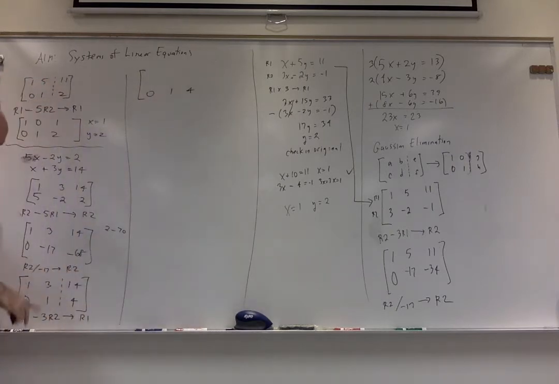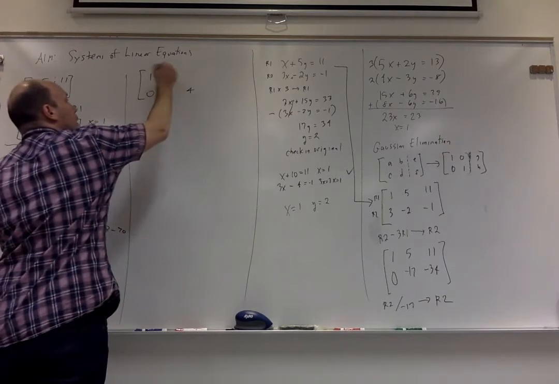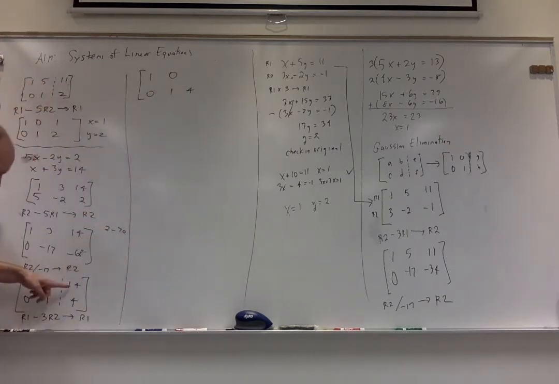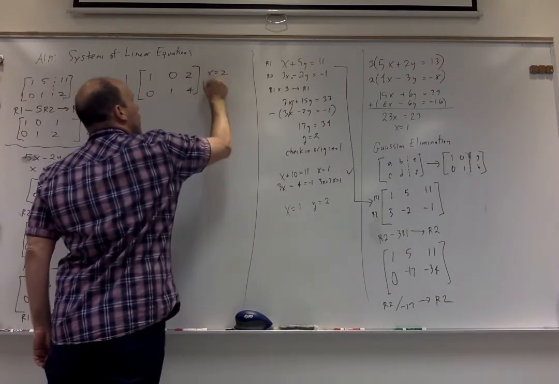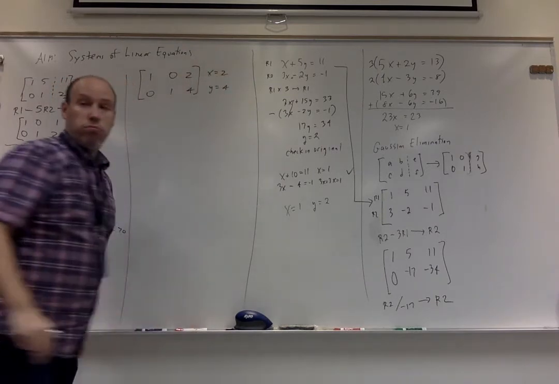And you know what? I already know this is going to be a 0. That was my manipulation. 3 minus 3 is 0. What's going on over here for 14? 14 minus 12 is 2. X equals 2, y equals 4.